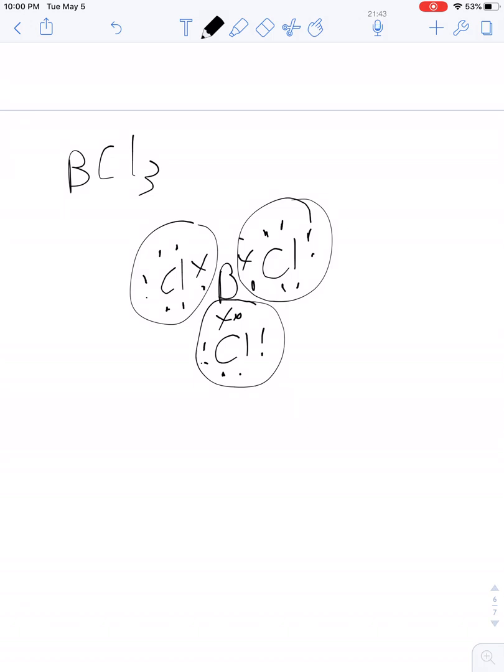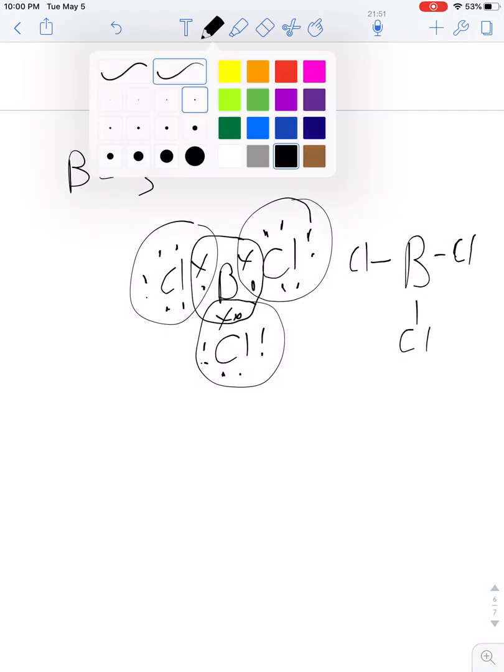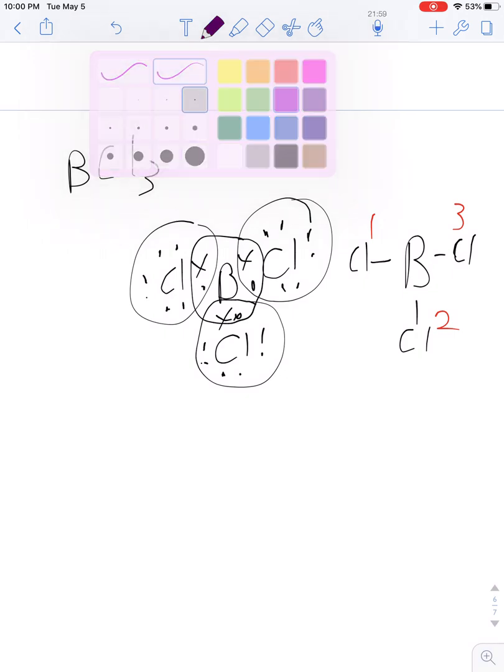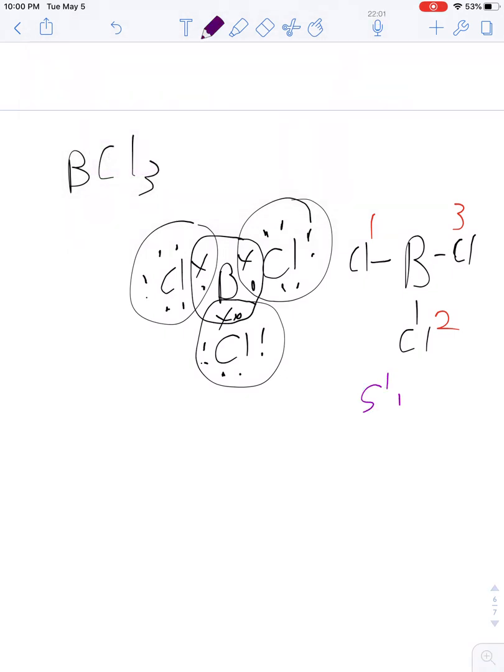All right. How many things are attached to my boron? Okay, I have 1, 2, 3 things attached to my boron. So that means my hybridization would have to be s, and then how many p's to equal 3? 2. So my hybridization on the boron would be sp2.